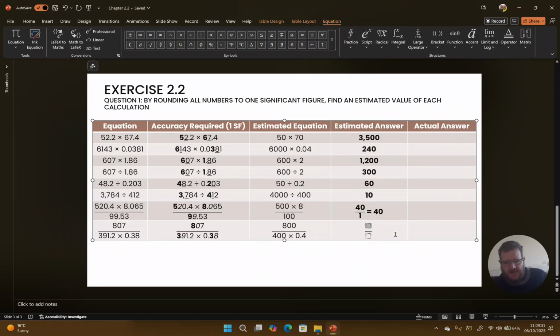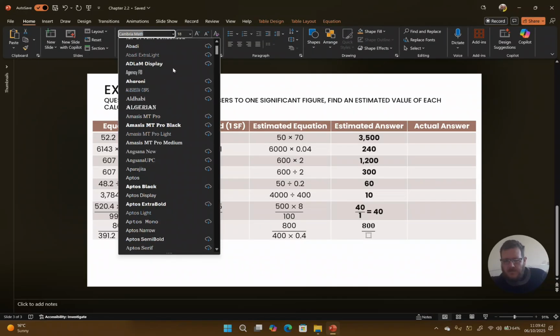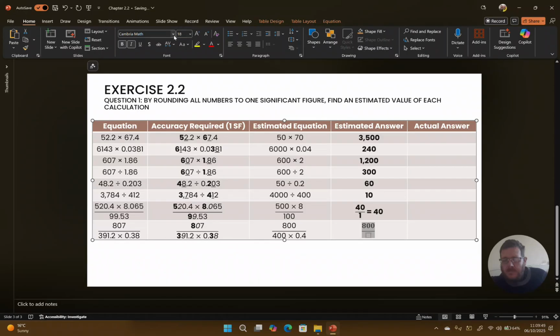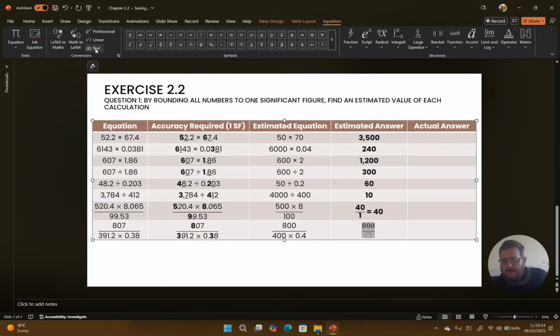So we've got then 800. Let's make a text out of that. Times, essentially what we're doing here is 40% of 400.